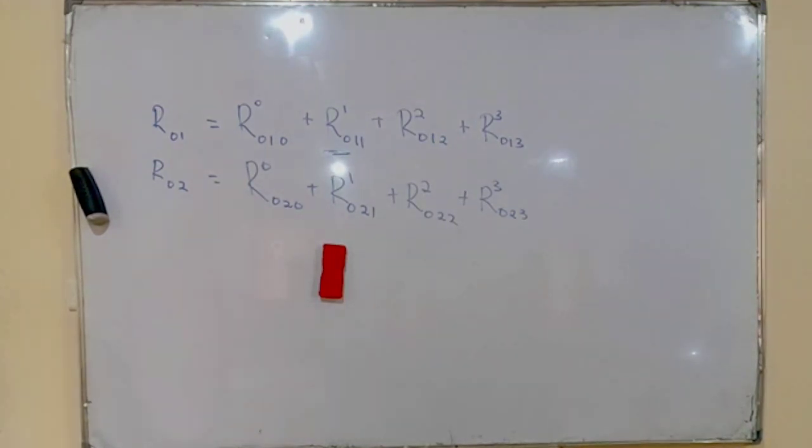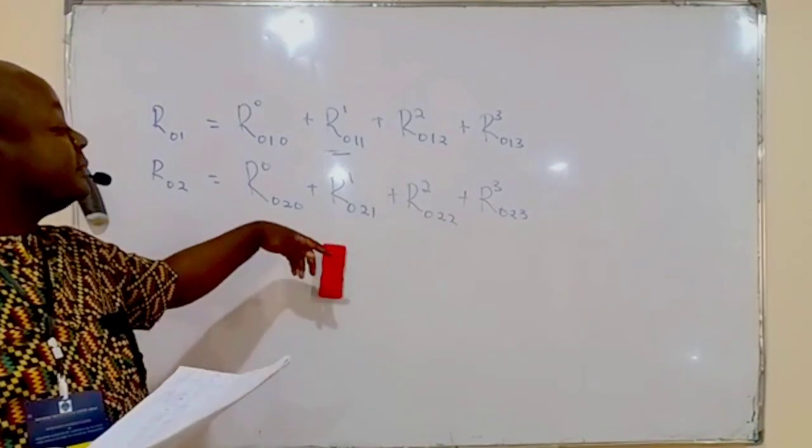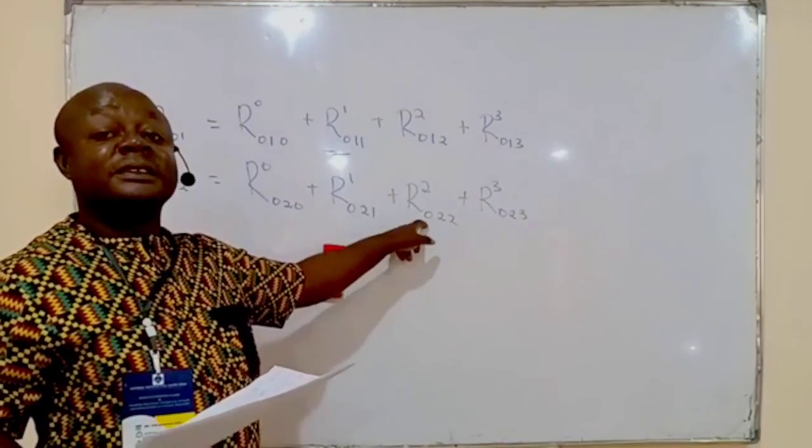Then we have 0202. Okay. And 0303. 011. Okay. Which one? This one? It's 02.